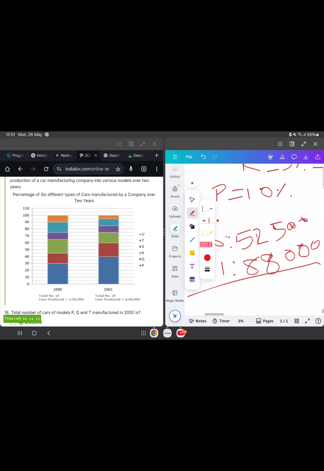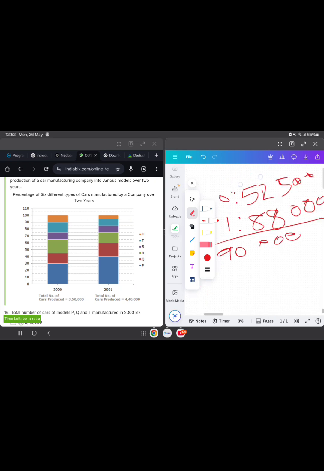So the total number of all cars produced is 350,000 plus 440,000, which gives us 790,000. Then we multiply this by 10%, which gives us 79,000.